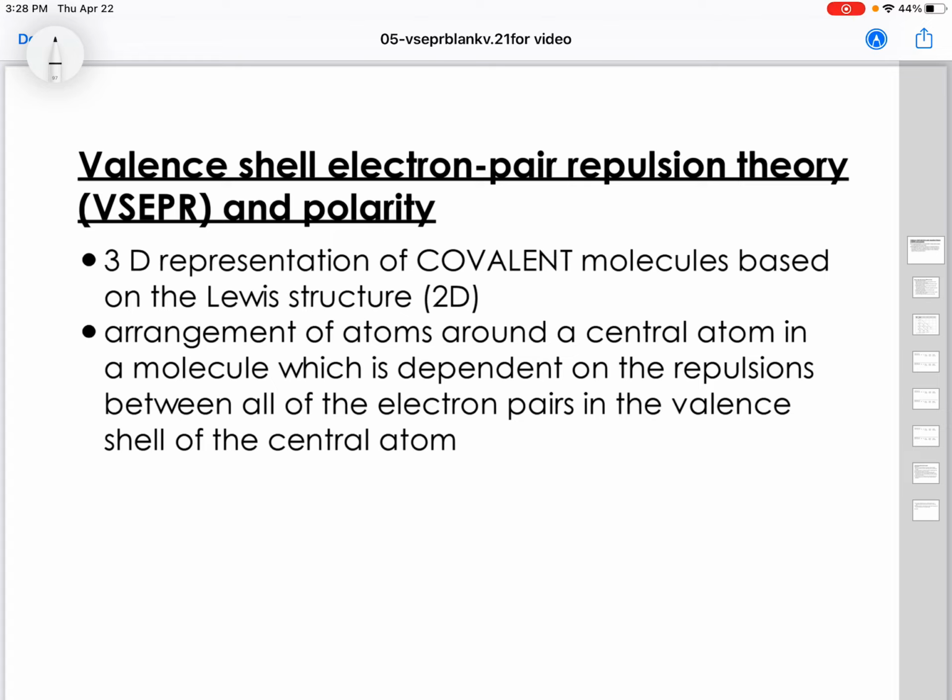So even something like glucose, which is carbon-based, is going to have a similar 3D shape to CH4, which has only one carbon, whereas glucose has 6. So we're just going to focus on starting with what the 3D shape looks like around a central atom.